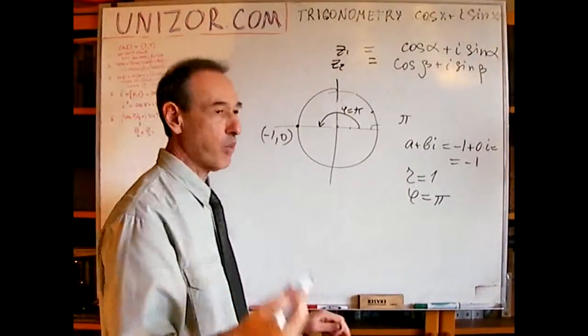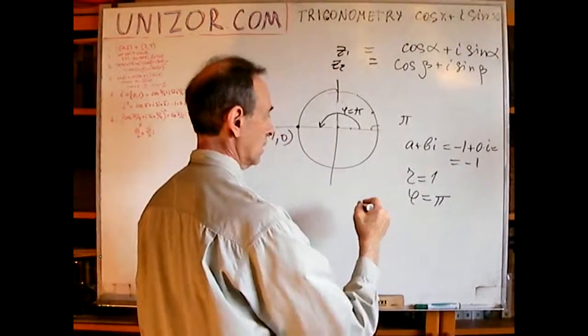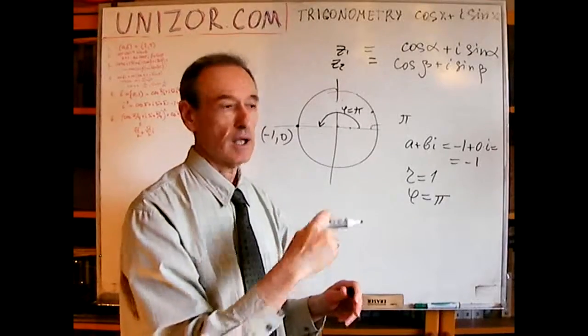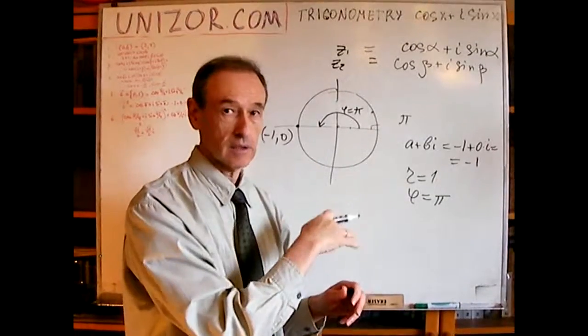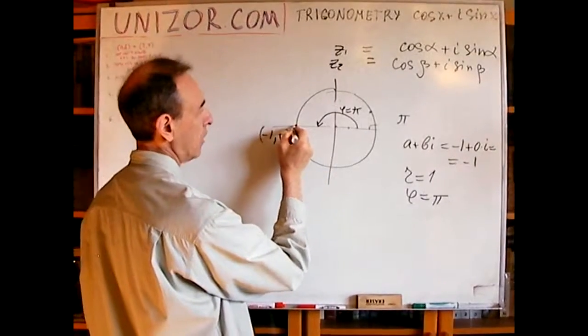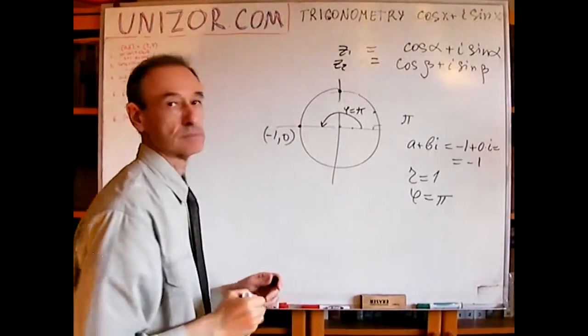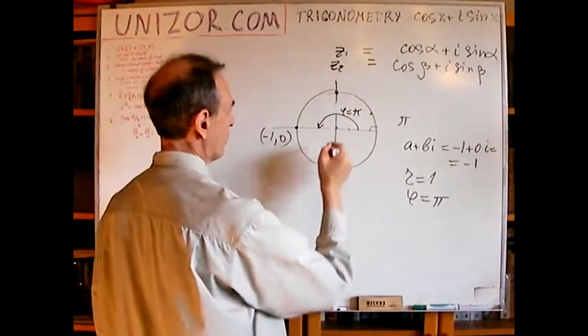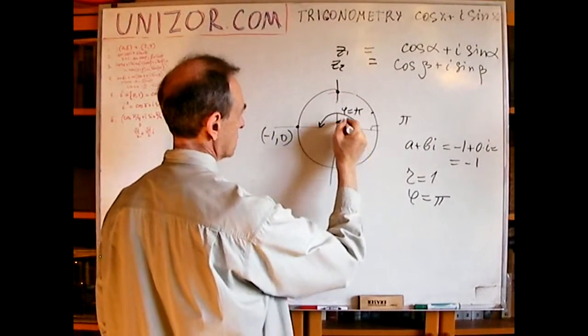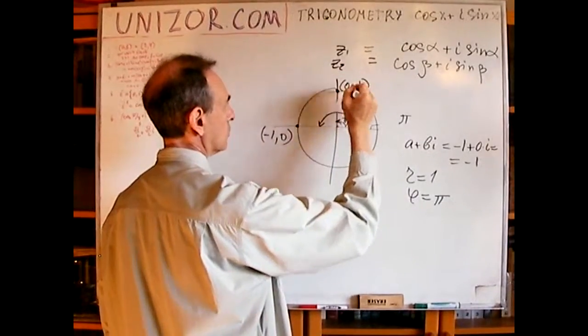Now, what if I want to have the square root of it? Well, as I was just explaining, I have to divide the angle in half. So half of pi is pi divided by 2, which is this point, right? Now, this is pi divided by 2. It has coordinates 0, 1, right?